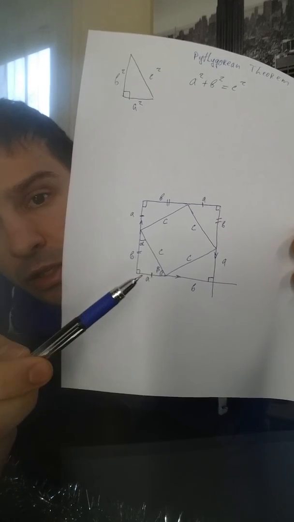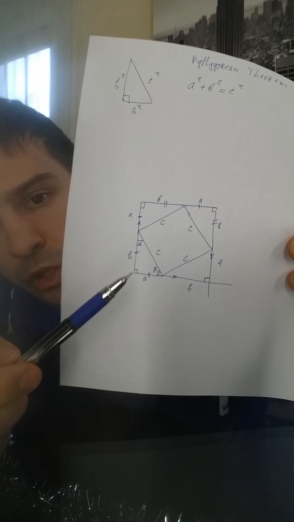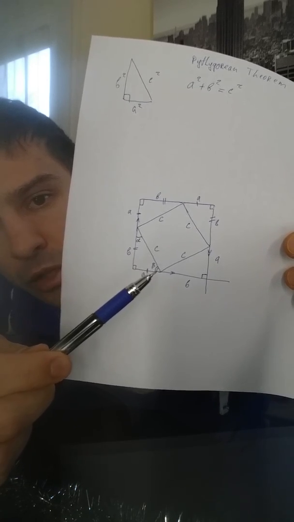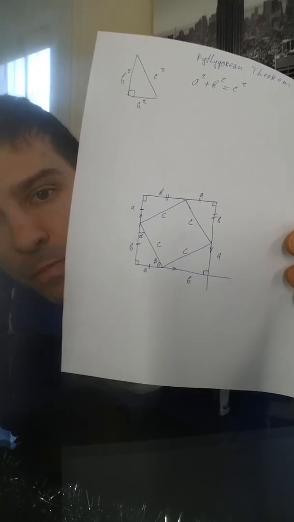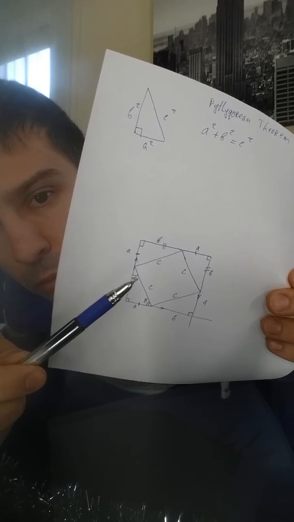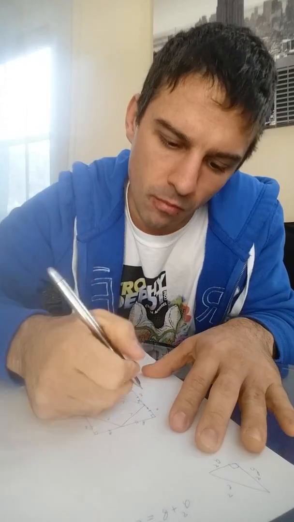Well, the sum of the inside corners in a triangle, as we know, is 180 degrees. So alpha plus beta is going to give you what? 90 degrees. So let's go ahead and mark all of those angles in all of those triangles real quick.